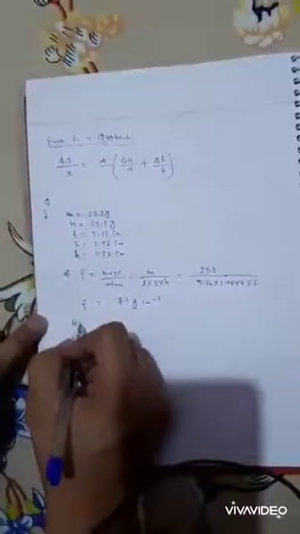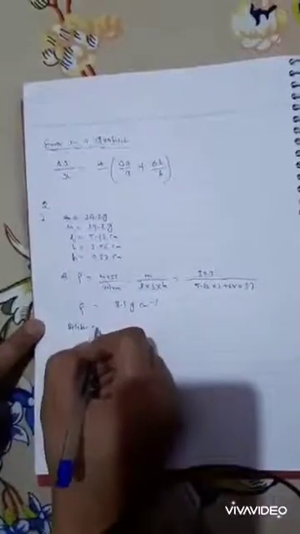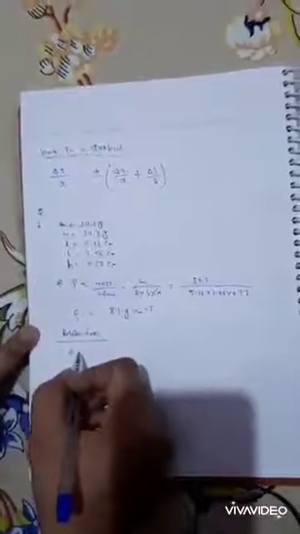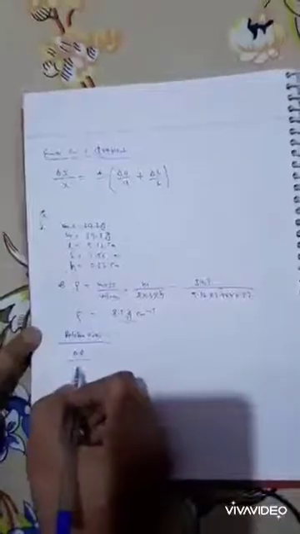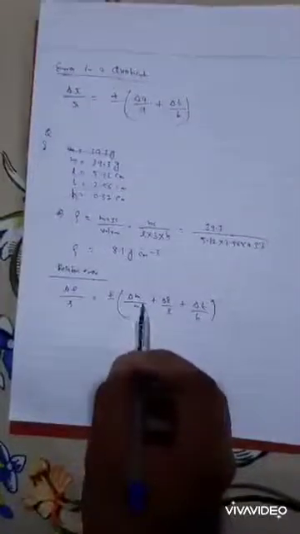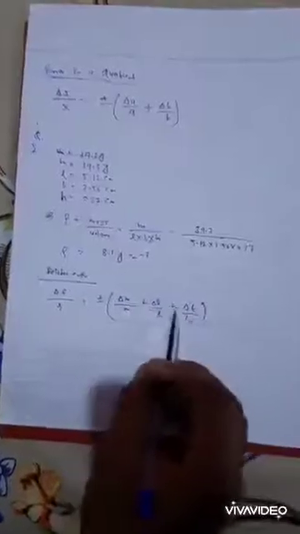relative error. So for relative error, you have to add all the relative errors. Even if you have 3, 4, 5 terms, you have to add all the terms.